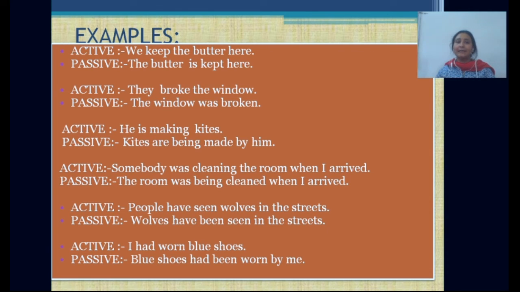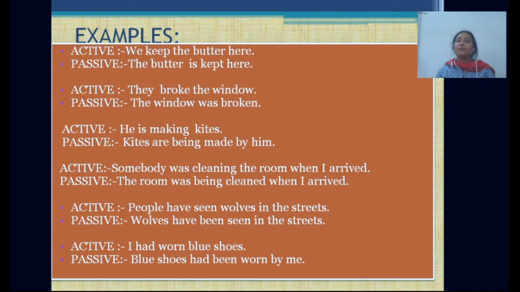Now the second example, they broke the window. The window was broken. Who is the doer of the action? They. Here we can omit they, and broke is past tense, so we have added was in the passive. Similar, the third, he is making kites. It is in the present continuous.